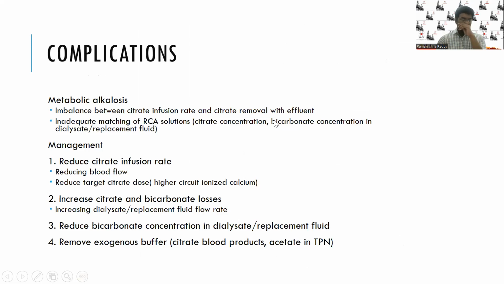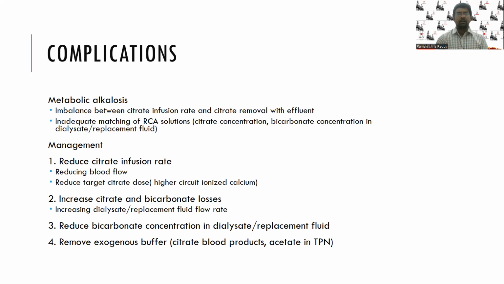So coming to the complications with citrate anticoagulation, the first one is metabolic alkalosis. Why does metabolic alkalosis occur? Because of imbalance between the citrate infusion and the citrate removal. When the citrate infusion is high, or the citrate removal during dialysis or hemofiltration is low, this can lead to citrate accumulation, or the citrate concentration increases.